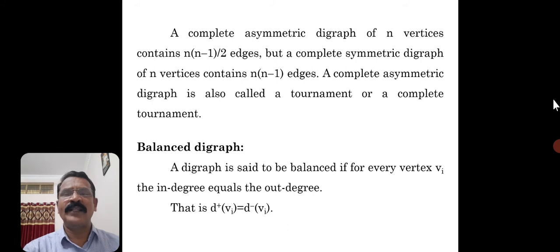That will be the out degree of a vertex. How many are incident into? That will be the in degree of a vertex. So if the out degree and in degree of a vertex are the same for every vertex vi, then such a digraph is called a balanced digraph.